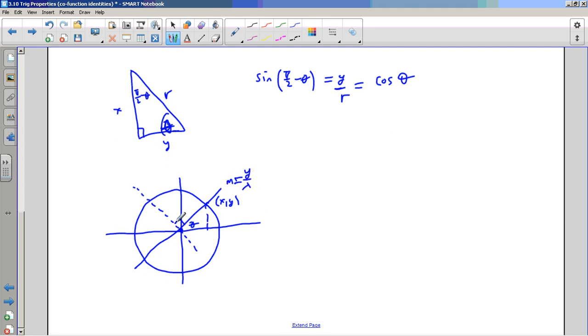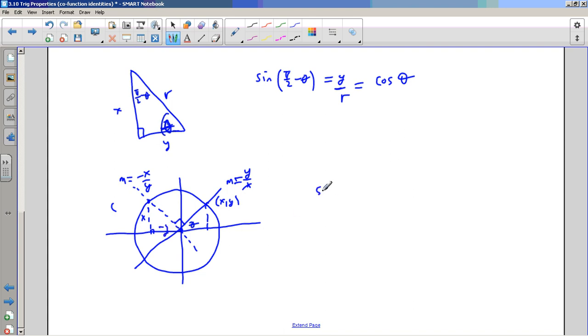And then if I add 90 degrees to it, pi over 2, then it's a perpendicular line. What's the slope of this line? It still goes through the origin, and the slope is perpendicular, so it's the negative reciprocal. So if I wanted to get what this point is, this is going to be x, because it's positive, and negative y.